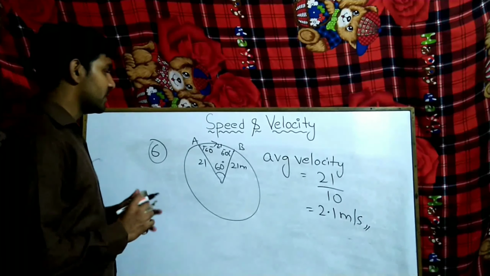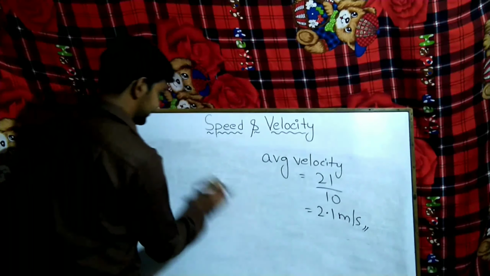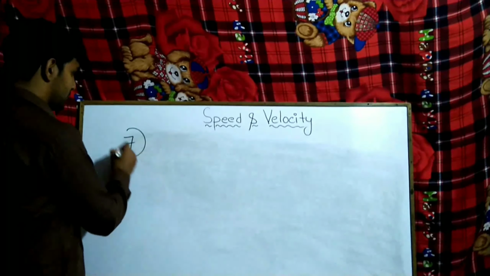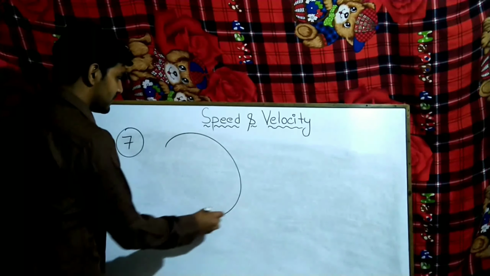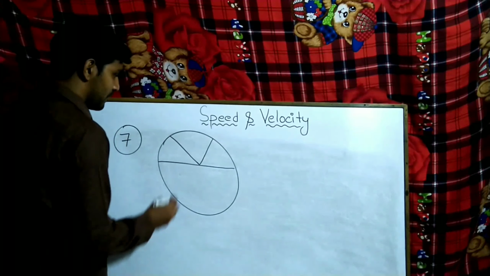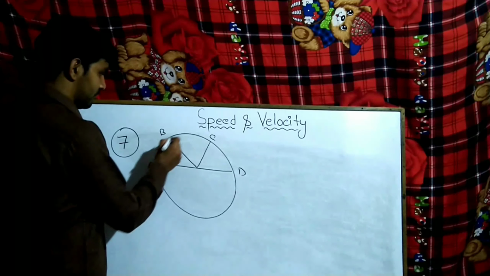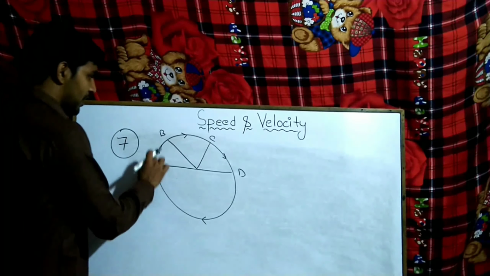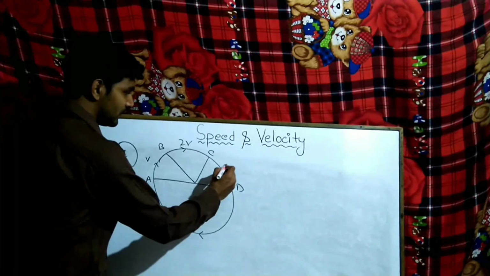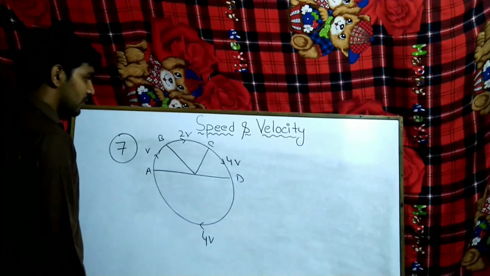Okay, so this question is the sixth. Now let's discuss the seventh problem. In the seventh problem, there is a circle, going from A to B, B to C, C to D and D to A. From A to B the speed is given as V, from B to C the speed is 2V, from C to D the speed is 4V, and from D to A the speed is 4V.